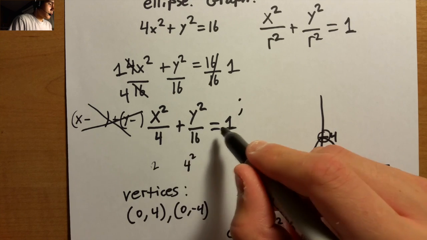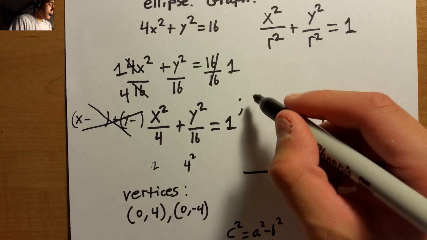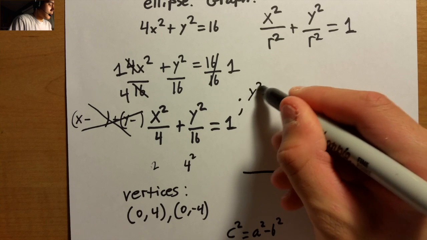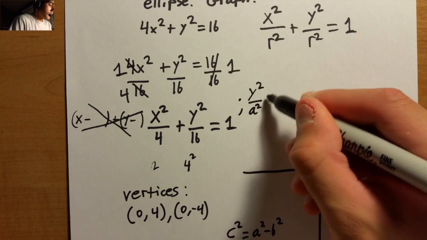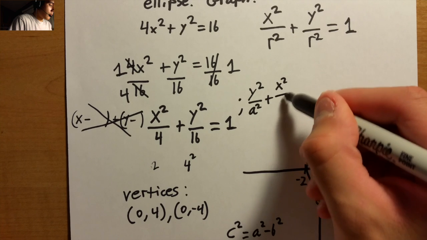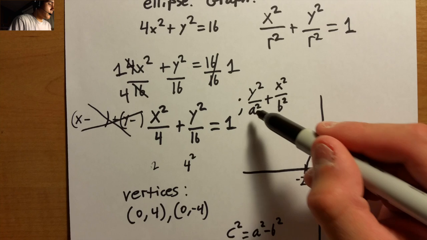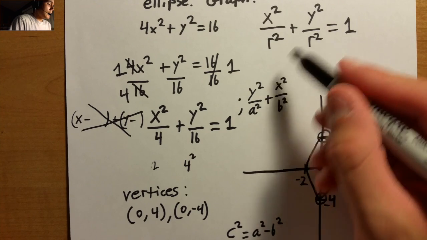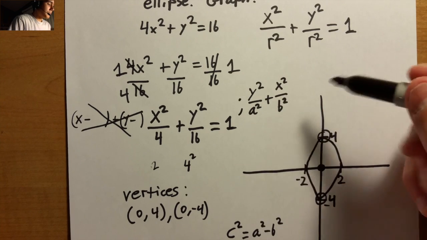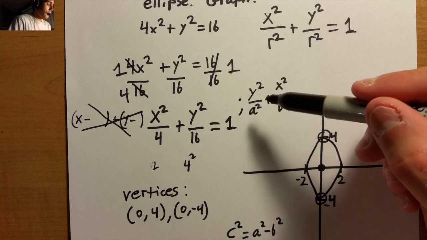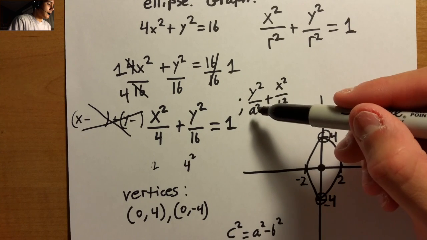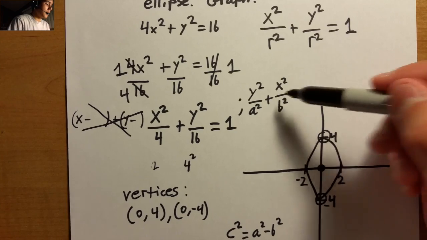To make sure you don't get the axes mixed up, you can rewrite it as y squared over a squared plus x squared over b squared, since you want to remember that the large axis is always going to be a, and a is always going to be greater than b. So our large axis is y, so we have it on the a squared, and our short is the b.